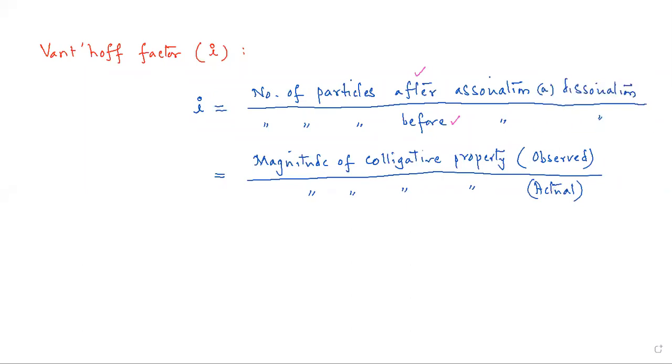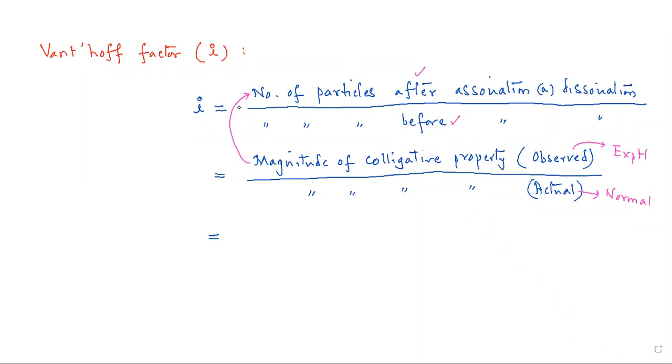Observed means after conducting the experiment. So after is nothing but observed. Observed is nothing but experimental. Actual is the normal one. Now, see, the magnitude of colligative property and the number of particles, these two are directly proportional. So we got them as after by before.